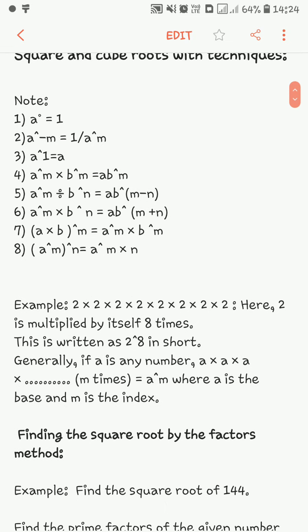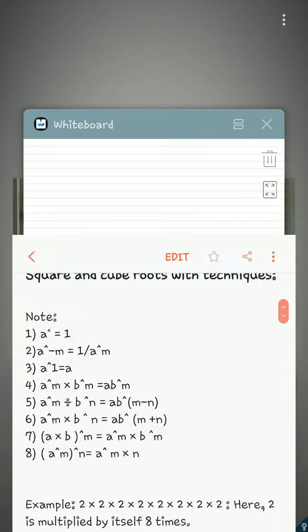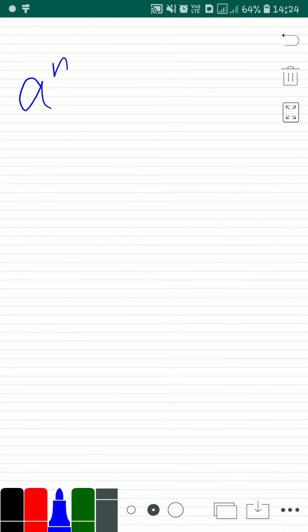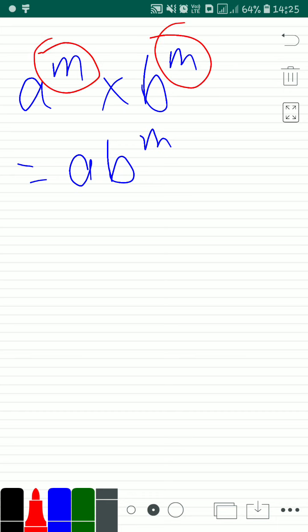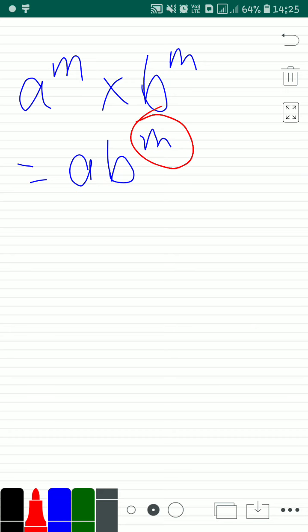a raised to m into b raised to m is equal to ab raised to m. So here the meaning is that if both the numbers have the same index, then the answer will also have the same index. The meaning of the answer is a into b will give you ab.